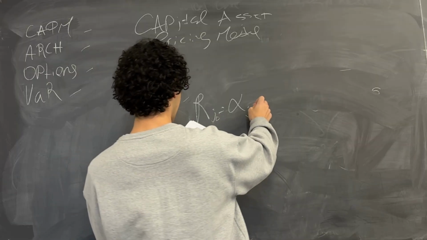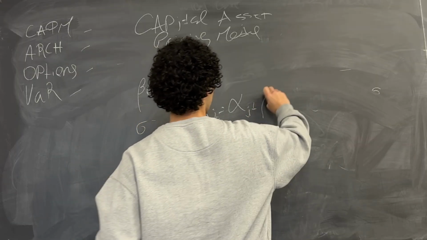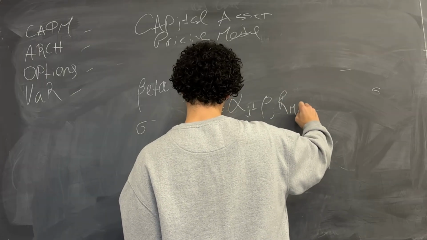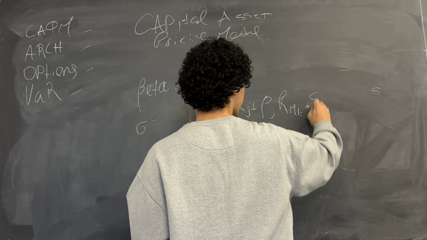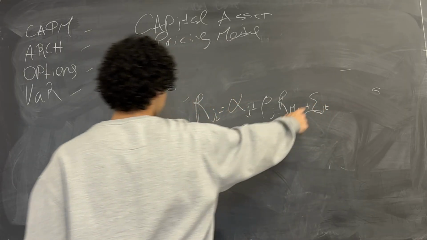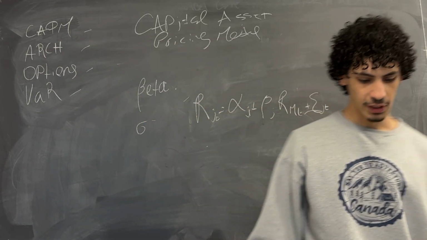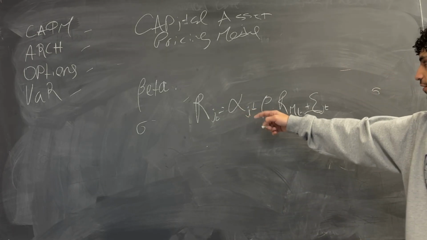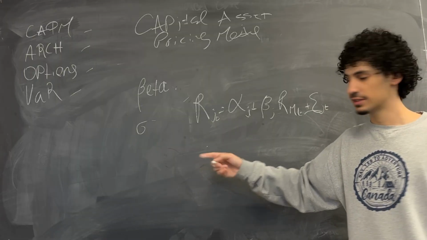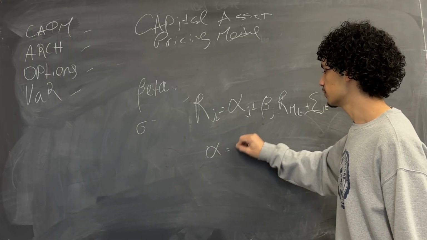That return equals alpha of J plus beta of J times the market return plus the error term, which is white noise. So here we're assuming in the CAPM when testing it that alpha equals 0.